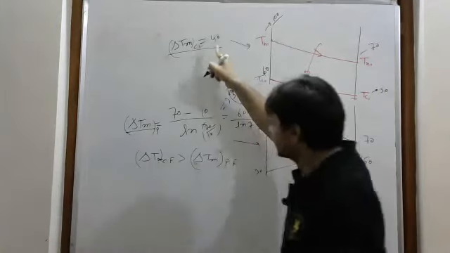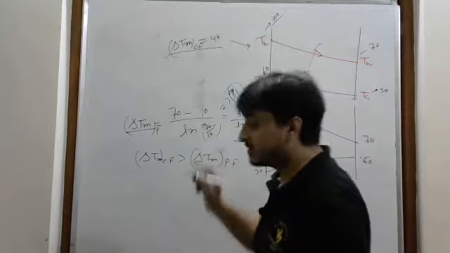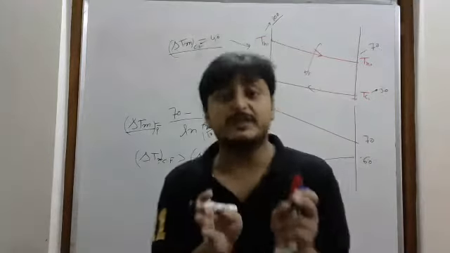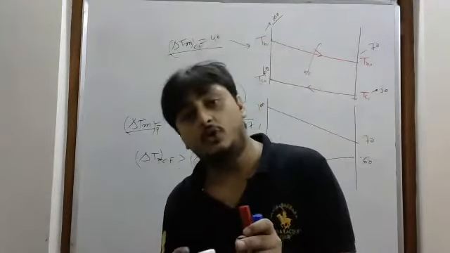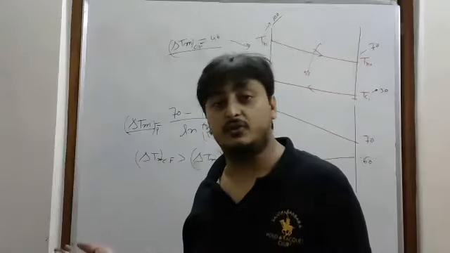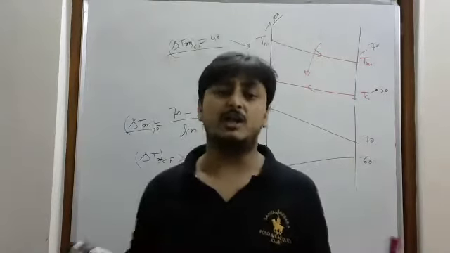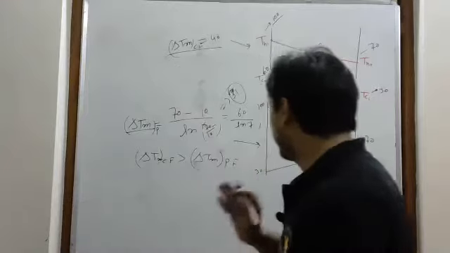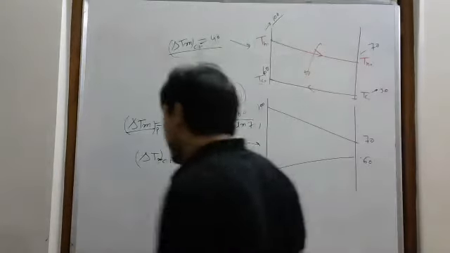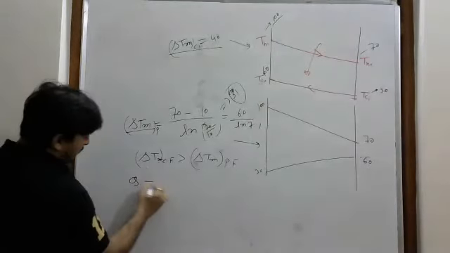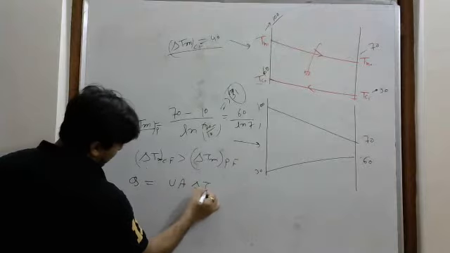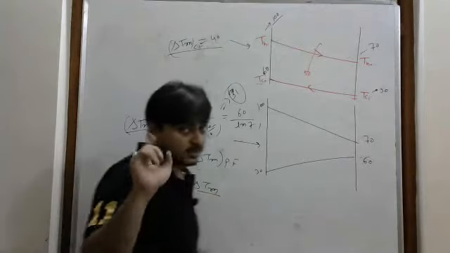So can we say this value is more as compared to this one, means the logarithmic temperature difference of the counter flow is greater than the parallel flow heat exchanger. Always. In not a single case will you find it less. I will also tell the reason. Now, can we write Q equal to UA del Tm. So what is the purpose of a heat exchanger?